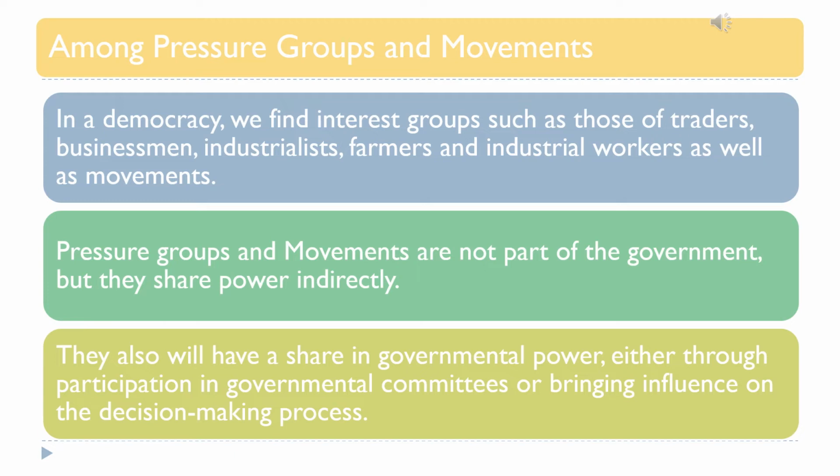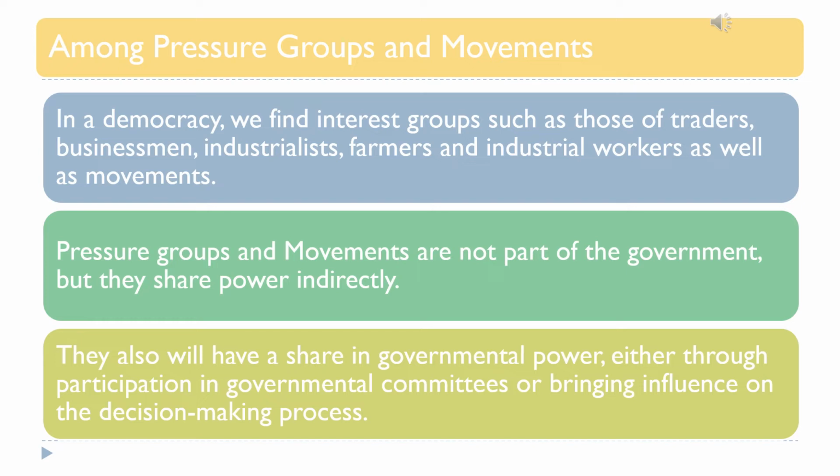The industrialists, let's say there are industrialists, the organization of industrialists, they would also do the same. They'll pressurize the government, they would influence the decision making process. They'll not take the decision, but yes, they'll influence the decision making process. I am repeating this particular keyword because it is extremely important.